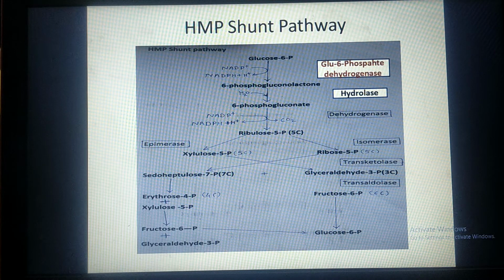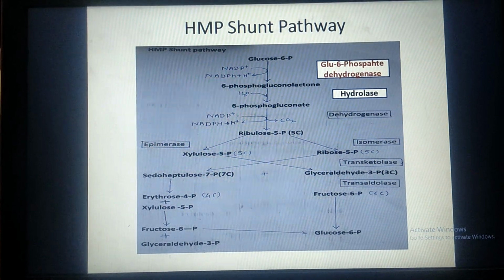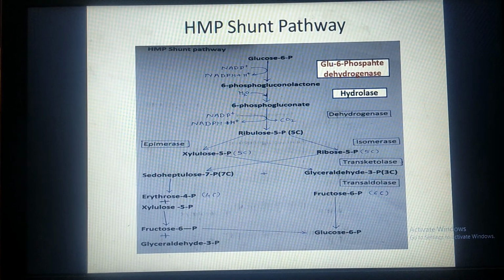Therefore, you cannot study a single HMP Shunt pathway like glycolysis, where one molecule of glucose gives two molecules of pyruvate. In this way, you cannot study this pathway, especially the non-oxidative phase. So we start the pathway.